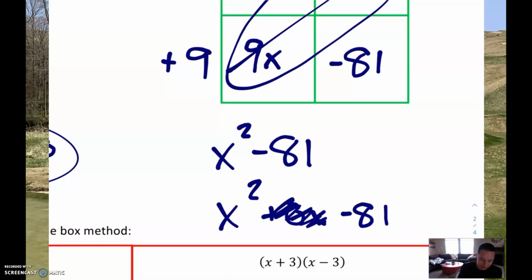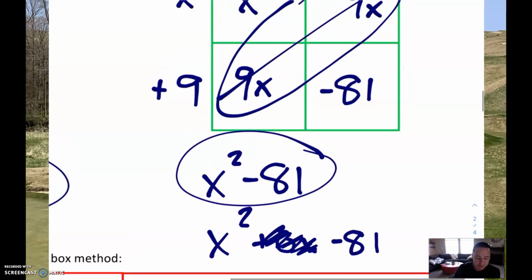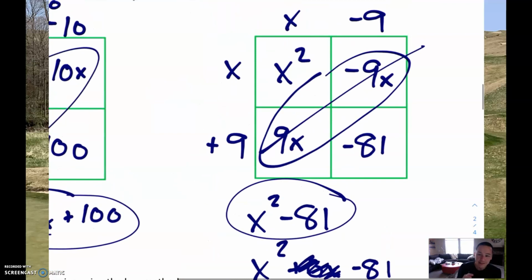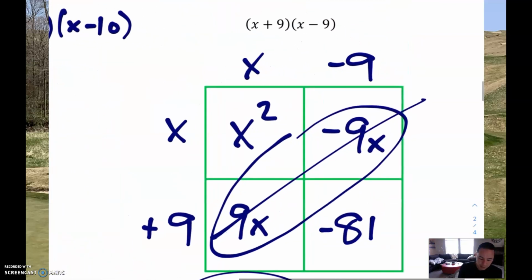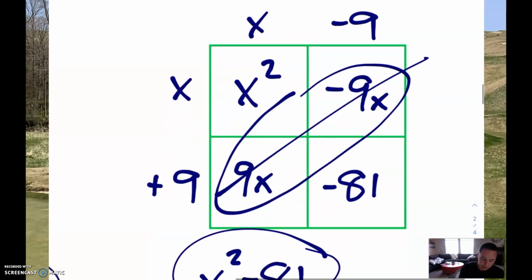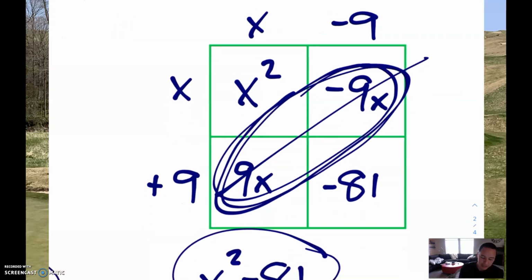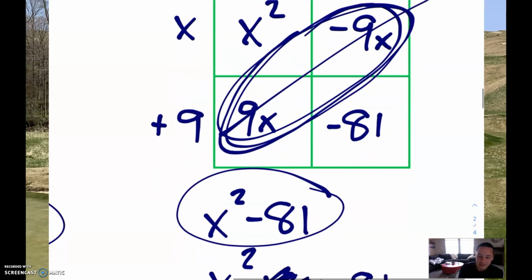That's just gone. So x squared minus 81 is your final simplified answer for that. So in this case, what happened was when you've got a positive and a negative of the same number, those middle terms end up canceling out to being nothing, and it disappears. So now your final answer no longer has that middle term written.